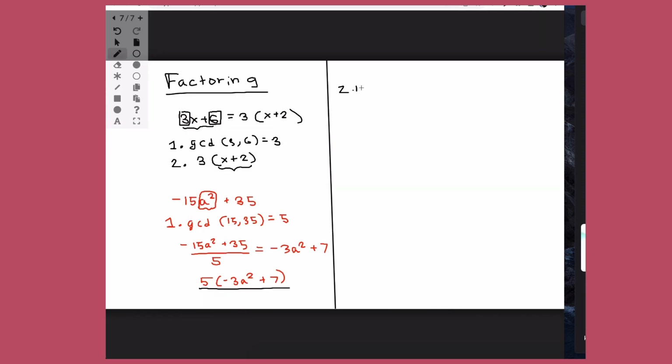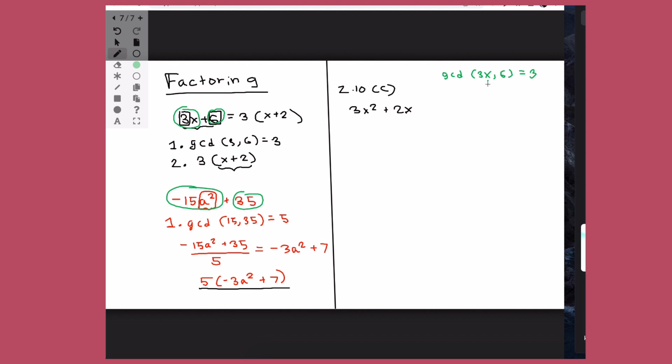So 2.10 C gave us 3x squared plus 2x. So before, what we were doing, we were looking at the GCD of this term and this term. So obviously the GCD of 3x and 6 will just be 3.